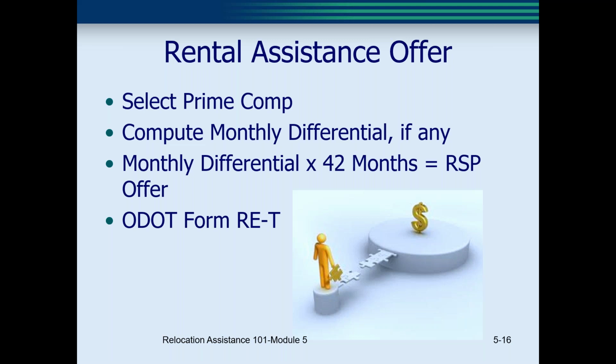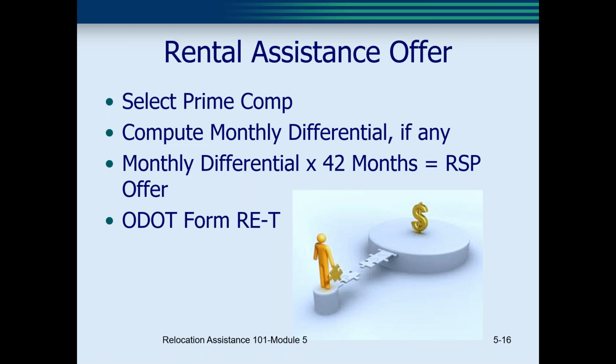Once you have calculated that base rent at the displacement site, and you have your prime comparable, any difference is the calculated monthly differential, or the rent supplement payment. The monthly differential is then multiplied by 42 months to determine the maximum rental assistance payment or offer.